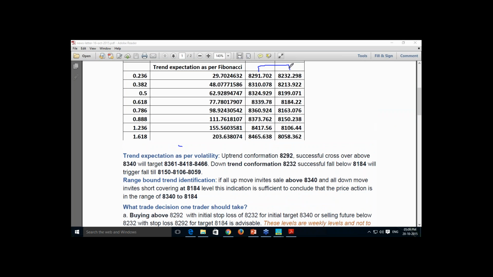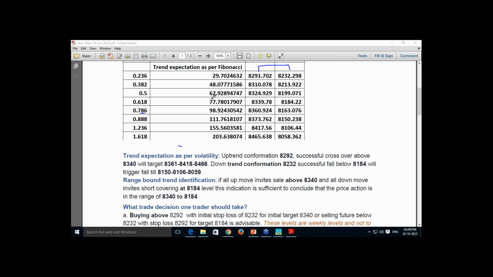So that is one aspect. How can you say that it is a bullish trend or a bearish trend? On closing basis, whatever the previous day's close was and whatever the close is today, if you find the price is above the death zone as per the Fibonacci principle, meaning above the 0.786 retracement, then it is a bullish trend on closing basis.